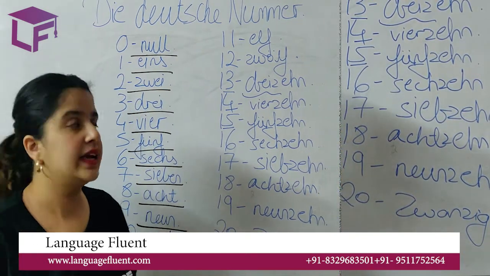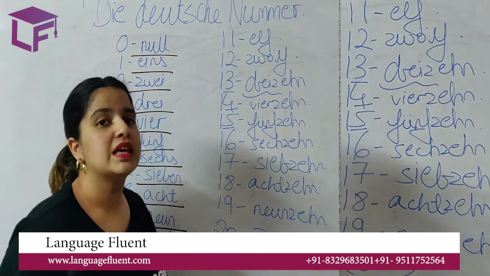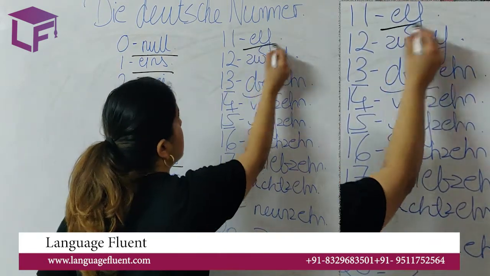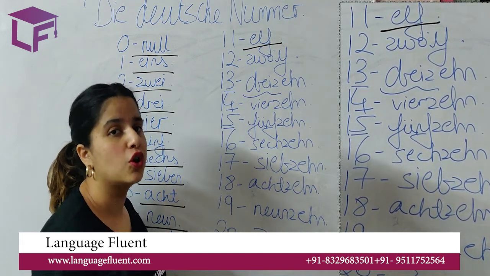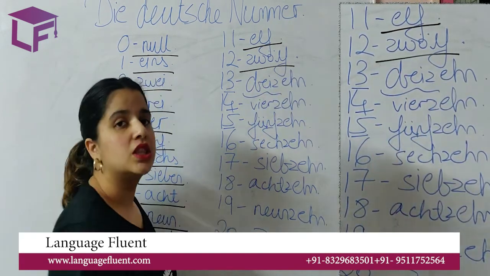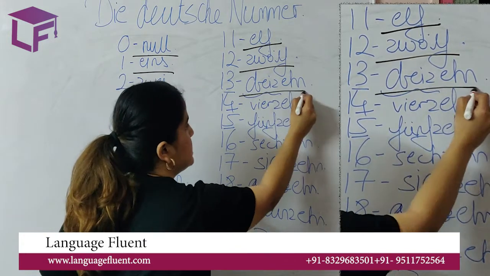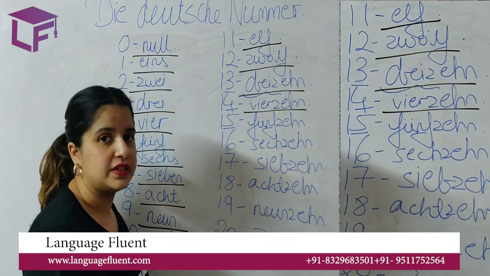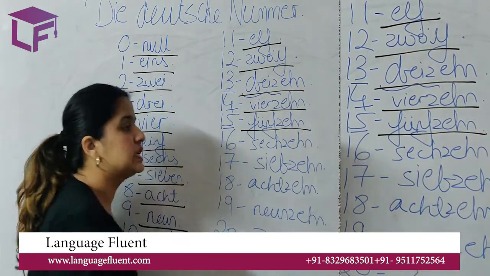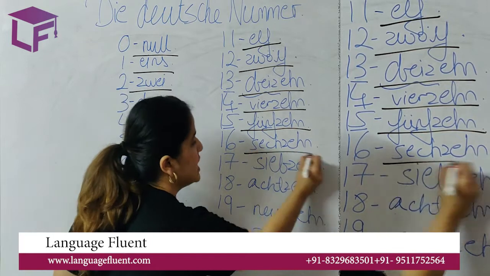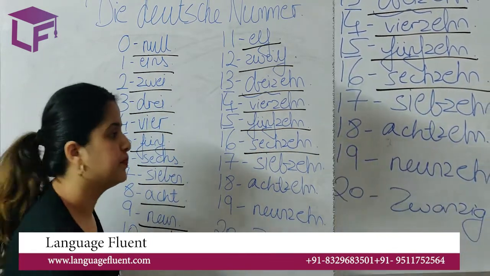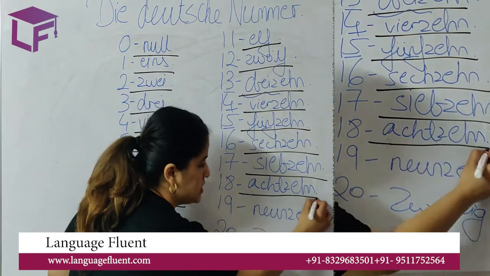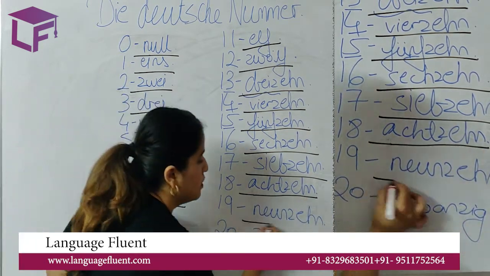So let's repeat this line. 11 becomes 11. 12 becomes 12. 13 becomes 13. 14, 15, 16, 17, 18, 19.